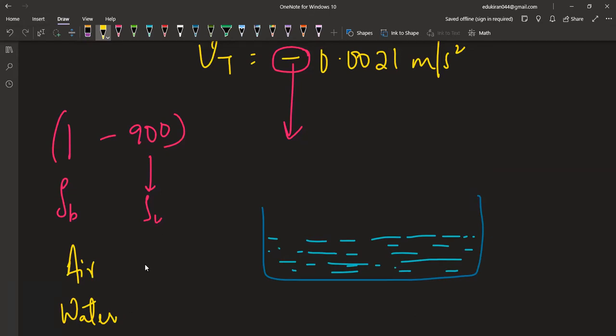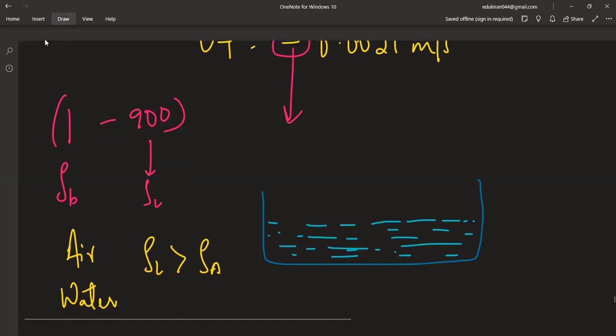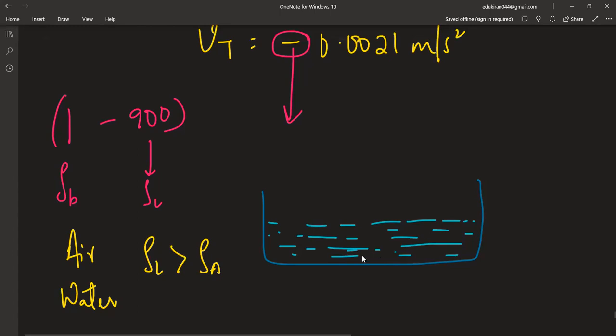Density of the liquid is more than the density of air, like in this question, 1 minus 900. 900 is so huge in front of this one. So the lighter object floats. Air bubble, that is the air bubble. You must have encountered this also. An air bubble slowly goes up. We see air bubbles coming up.